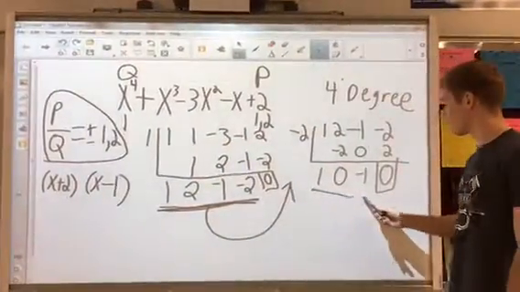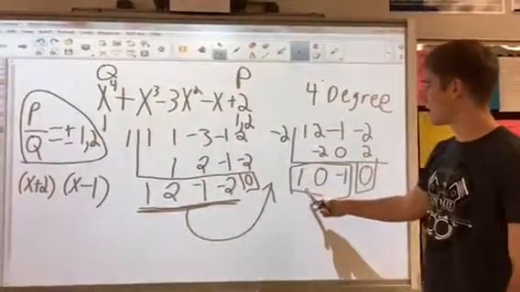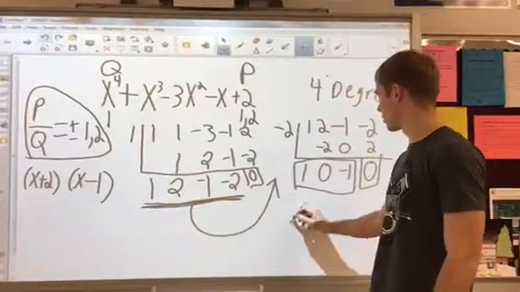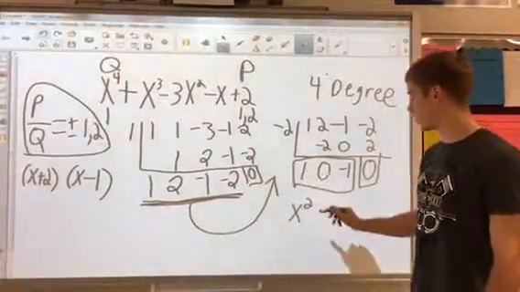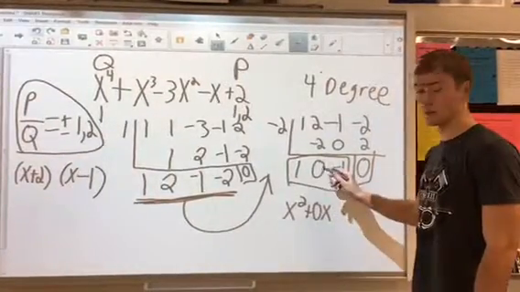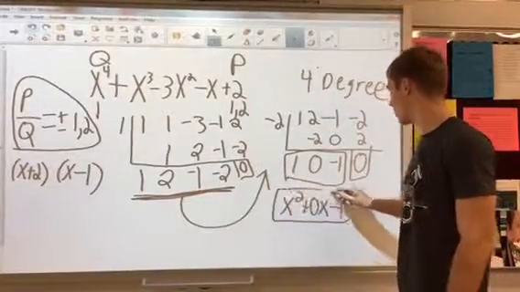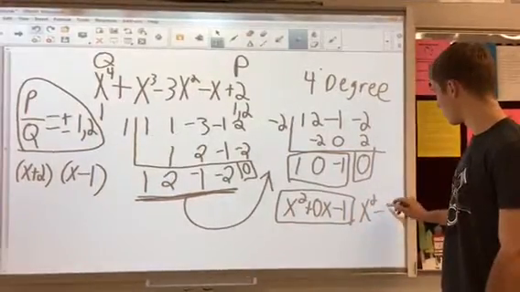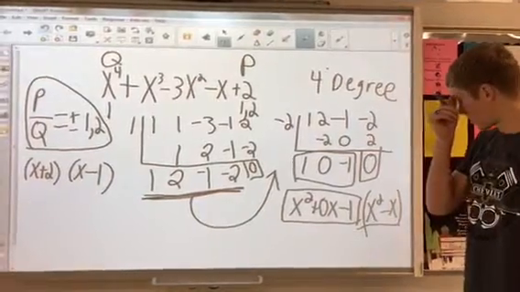So what is left is this, and this is a second degree equation. It drops down to x squared plus 0x minus 1, because it's a 0. That's what we have left to work with, and that equals x squared minus 1. So that's our remaining factor.